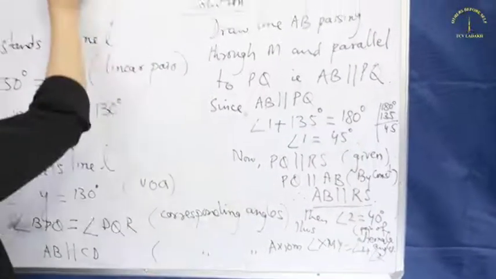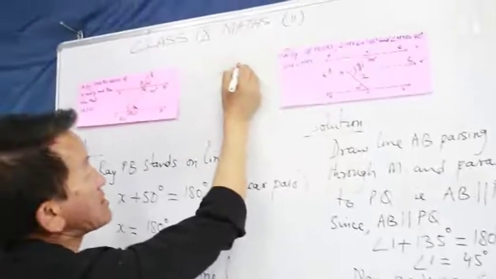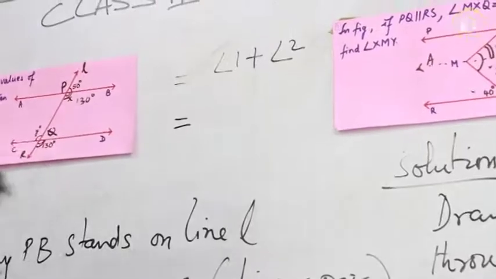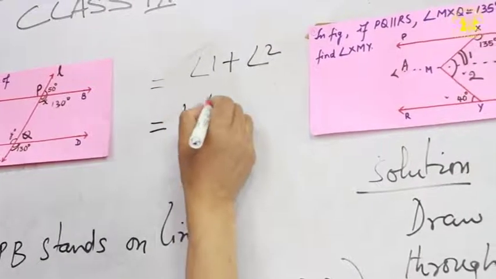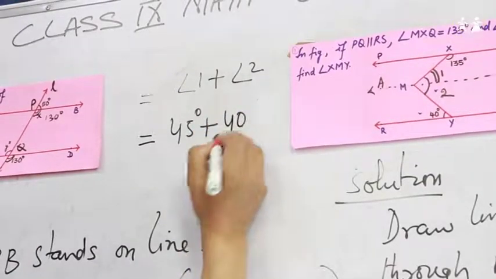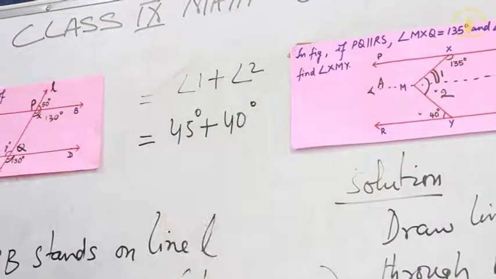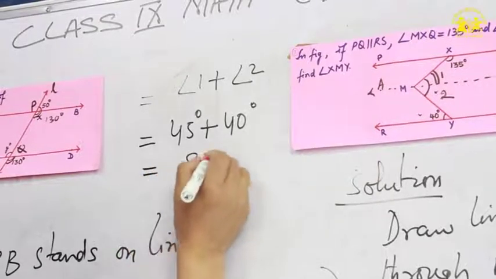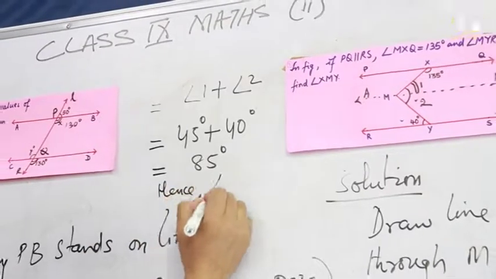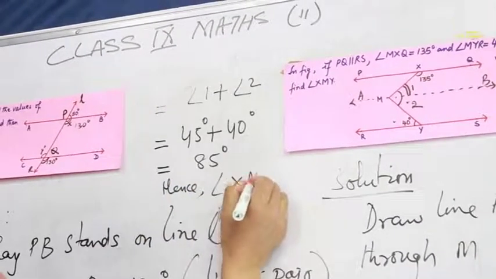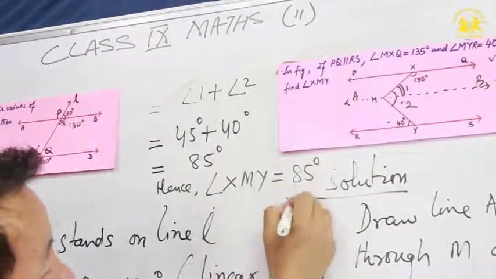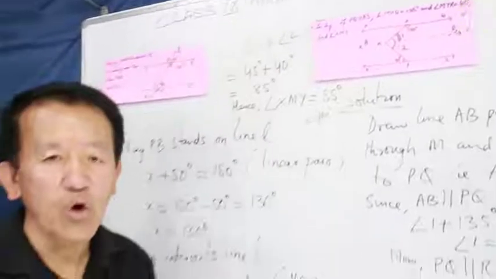Angle 1 is 45 degrees plus angle 2 is 40 degrees. So it's equal to 85 degrees, right? Hence, the value of angle XMY is equal to 85 degrees. Okay, so that's all. Thank you.